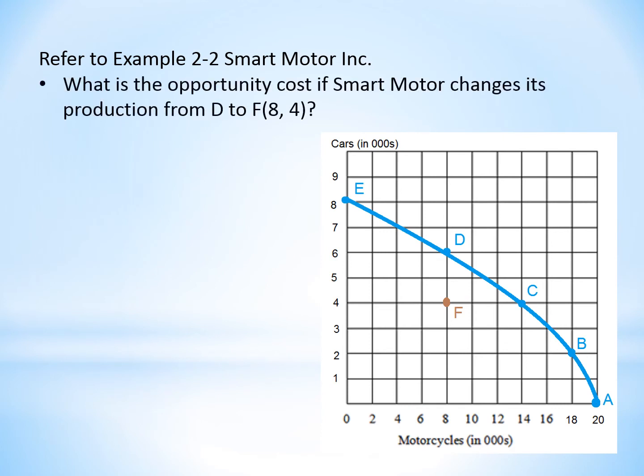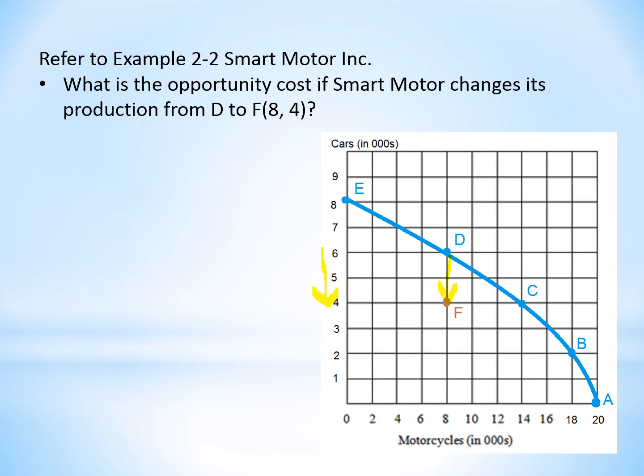Next question. What is the opportunity cost if Smart Motor changes its production from D to F? Let's see. D is here, F is down here, so it changes from D to F. If you take a look at cars, production goes down from 6,000 to 4,000.